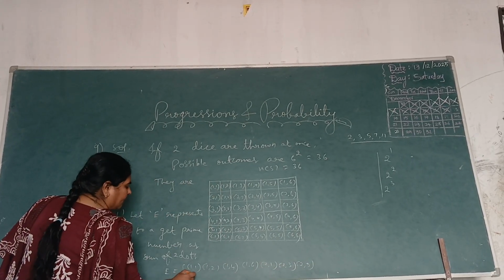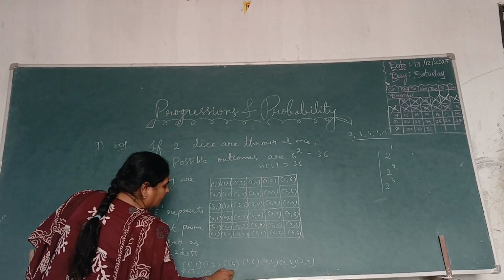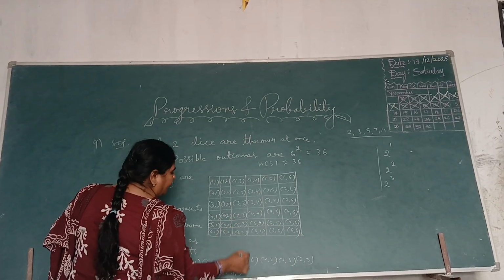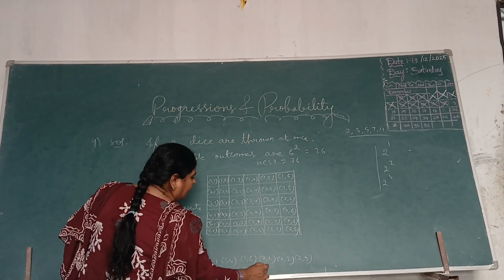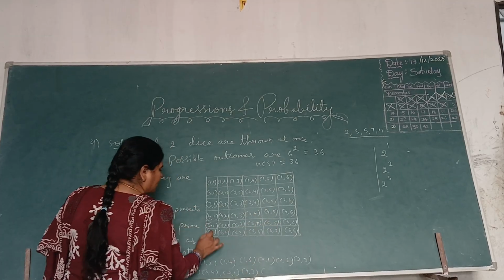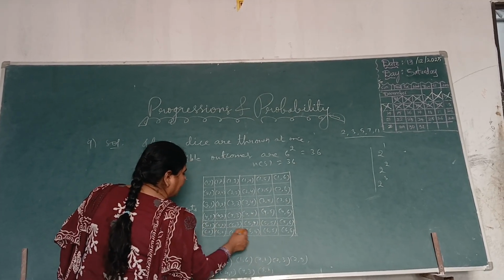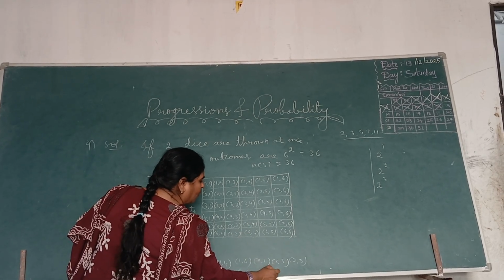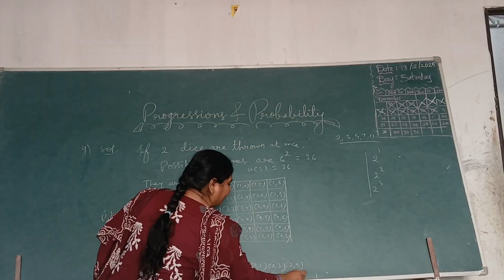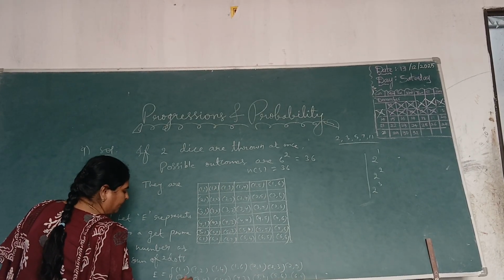Then 3 plus 2, madam. 3 plus 4, madam. 4 plus 1. 4 plus 3, madam. Then 4 plus 5 no. 4 plus 6 no. 5 plus 1 no. 5 plus 2, madam. 5 plus 6, madam. 5 4 no. 5 5 no. 6 plus 1, madam. 6 plus 5, madam. Okay. That's all, no? Yes, madam.